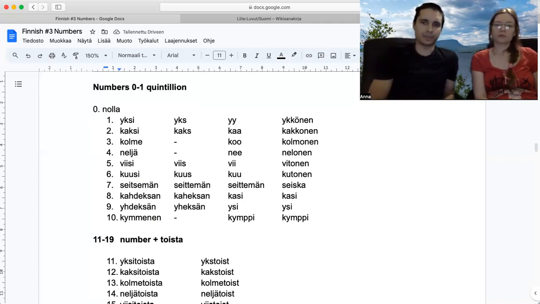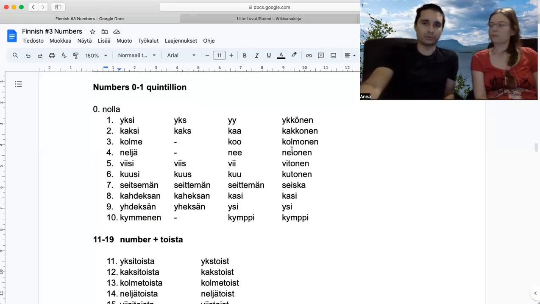And if we decline the words, we could say on first grade, like ykkösluokalla, kakkosluokalla, kolmosluokalla, nelosluokalla, vitosluokalla, kutosluokalla, seiskaluokalla, kasiluokalla, ysiluokalla, kymppiluokalla.